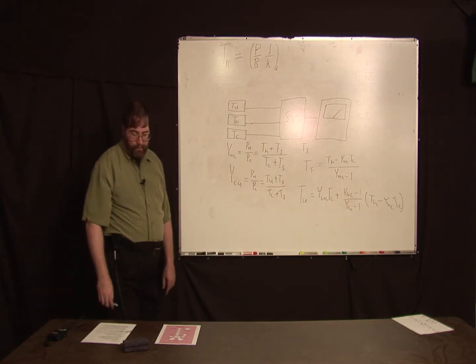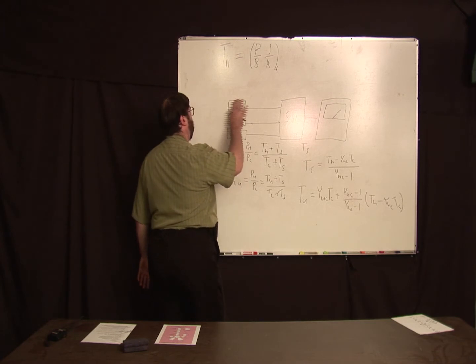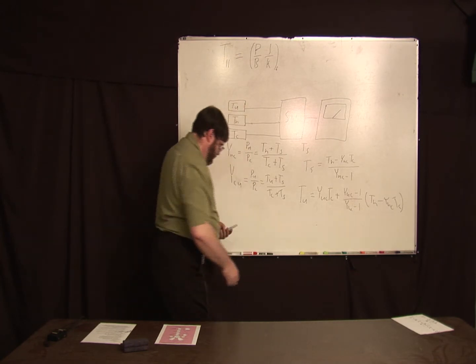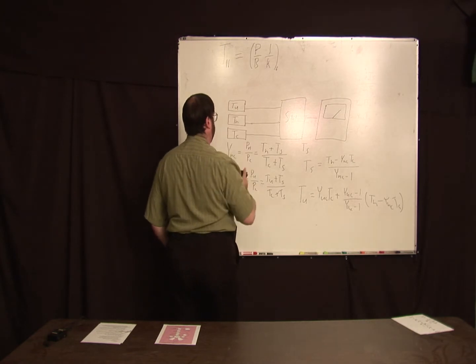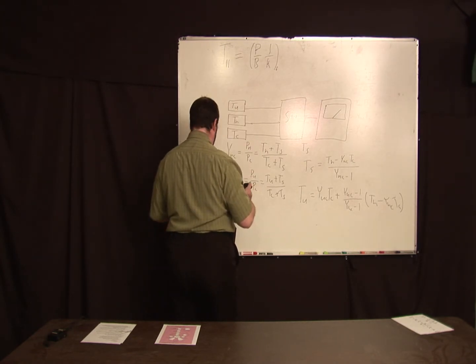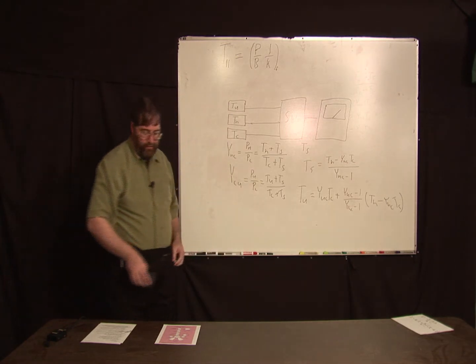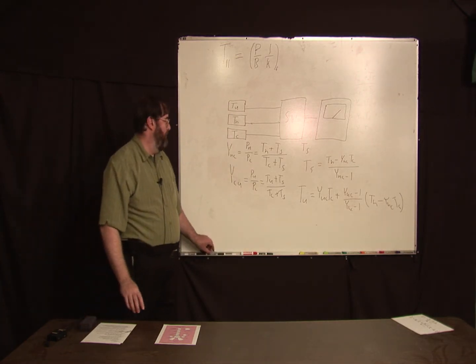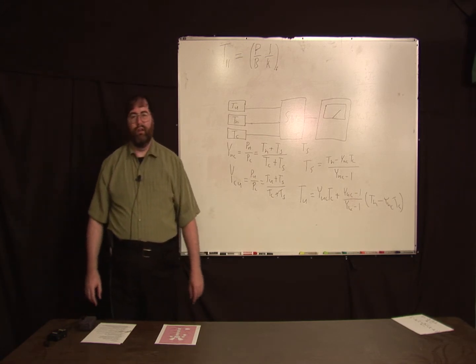Then we talked about how if you take this unknown and replace it with an antenna, you could do radio astronomy.